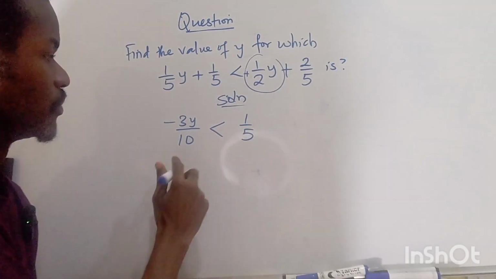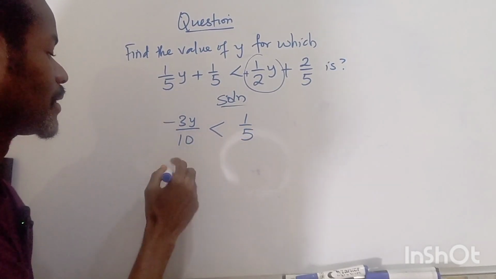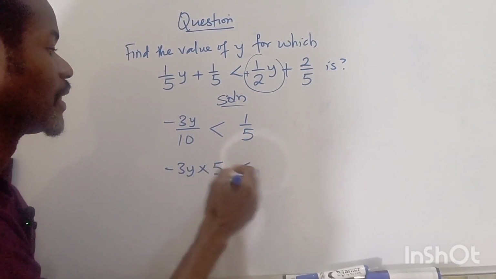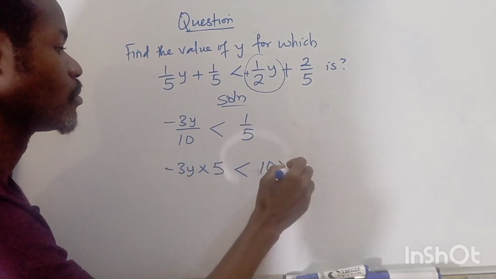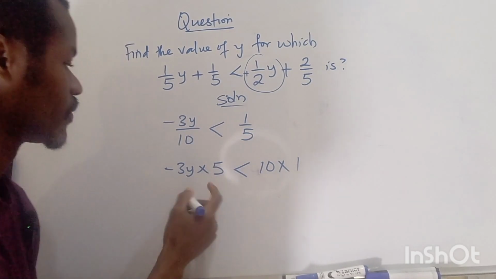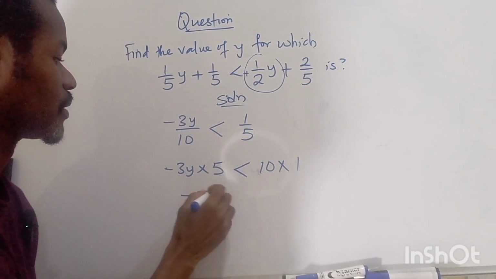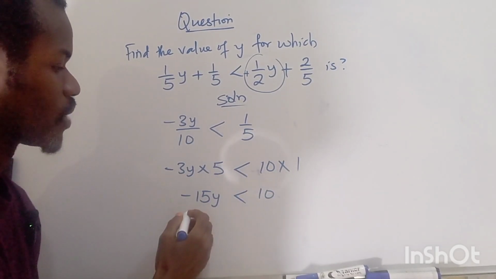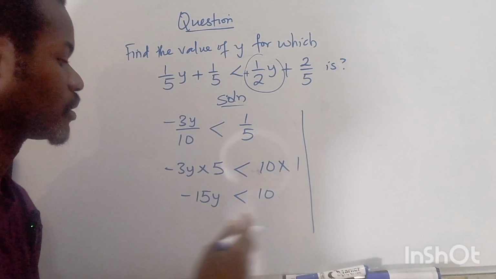So 5 is going to multiply this, so we have minus 3y multiplied by 5, less than 10 is going to multiply 1. So minus 3y times 5 is going to give us minus 15y, which is less than 10.